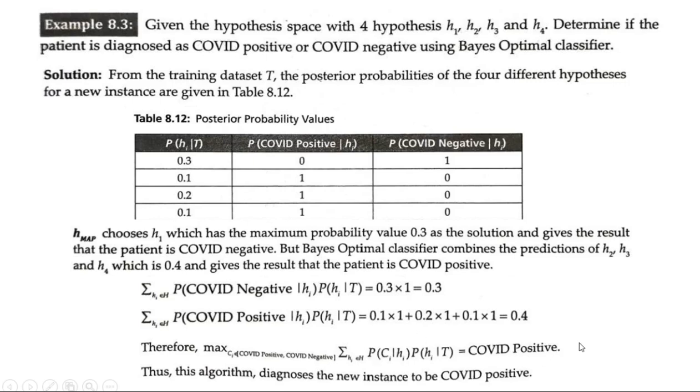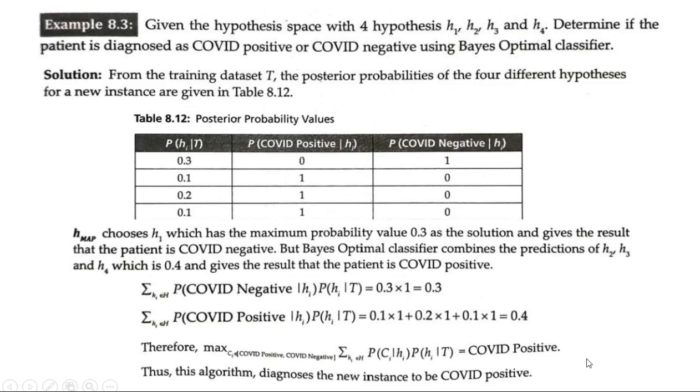Out of these two, 0.4 is more, and therefore, applying the Bayes optimal classifier to the test data, I can diagnose that the patient is COVID positive. The new instance is COVID positive.